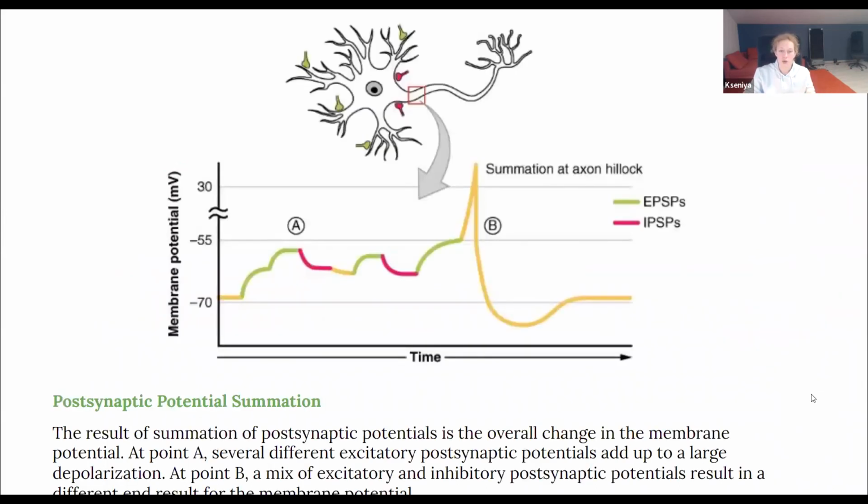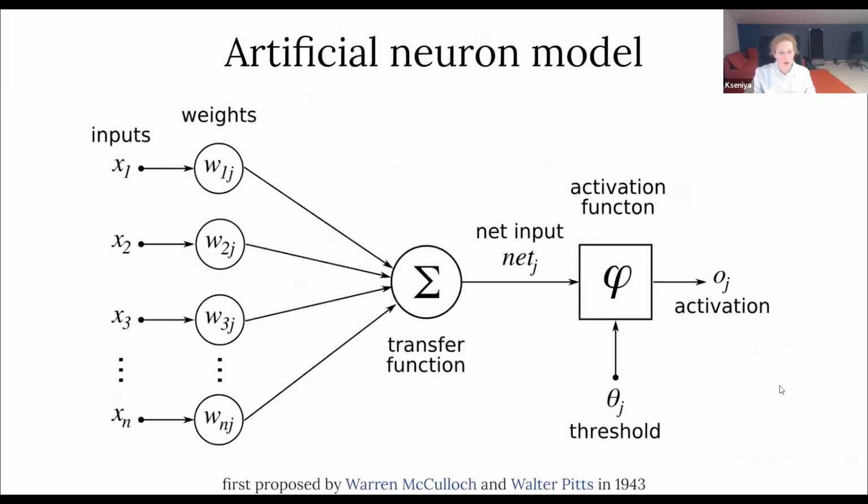This usually requires the second neuron to receive many influences from other neurons, which are summed up. On the basis of this principle, the first model of an artificial neuron was built. It was in 1943, and the inventors of the first artificial neuron were McCulloch and Pitts.